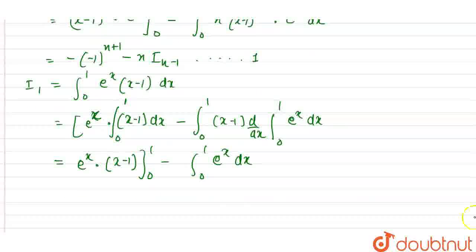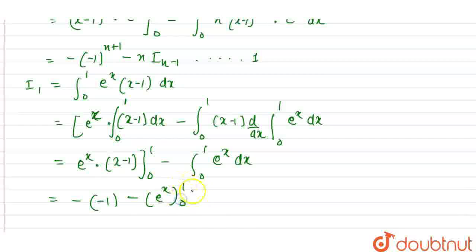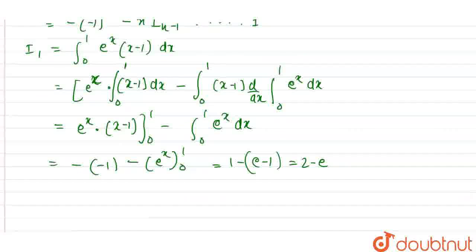So now what we are going to get is minus 1 minus e to the power x, where we have to substitute values between 0 and 1. So now it is 1 minus e, so it is equal to 2 minus e. Consider this to be equation number 1.